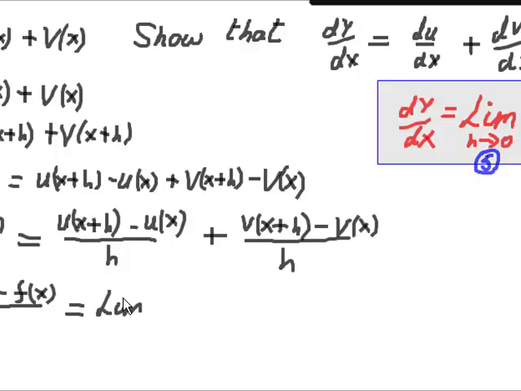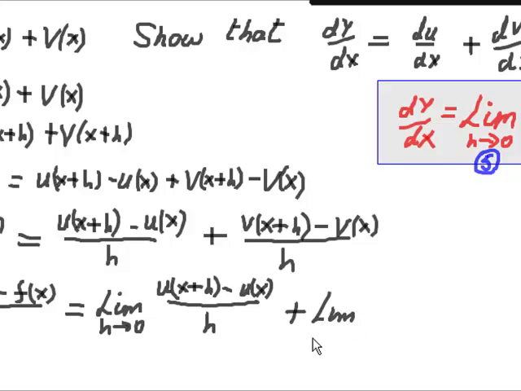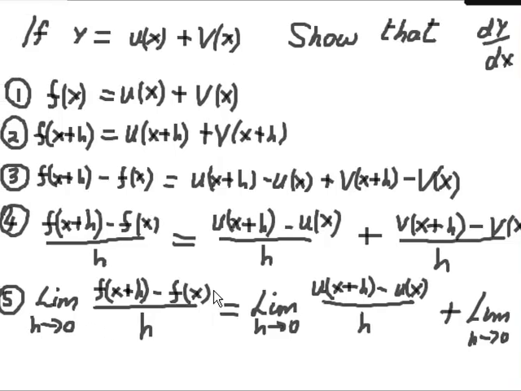So it's the limit as h goes towards 0 of u(x plus h) minus u(x) over h, plus the limit of the v's, v(x plus h) minus v(x) over h.